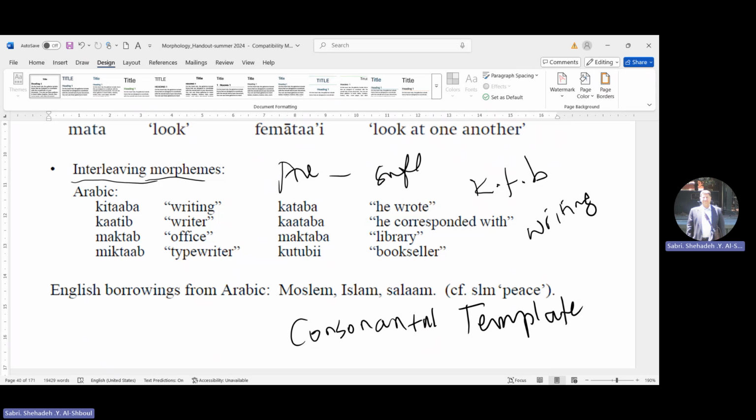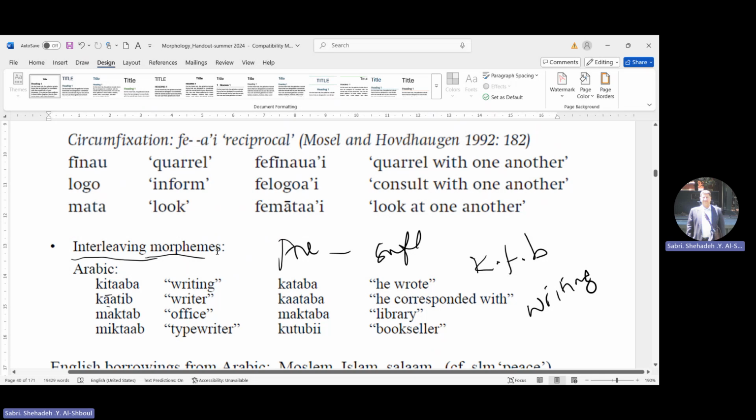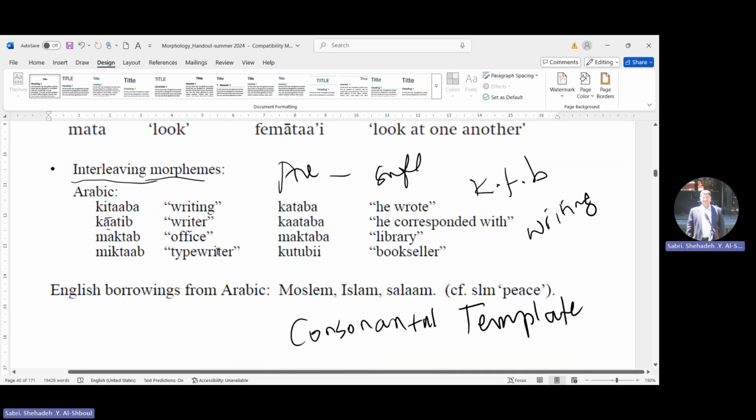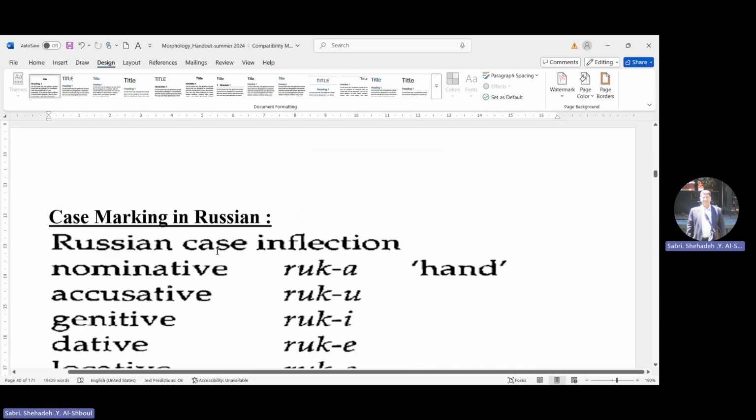Here we notice, dear students, the consonants are maintained, but there is a kind of alternation in the vowel system between long and short vowels, and so on and so forth. So the idea of interleaving vowels is clear when we have such examples.